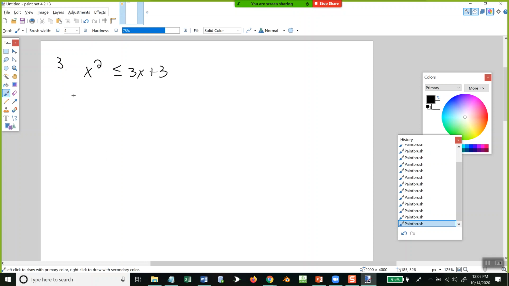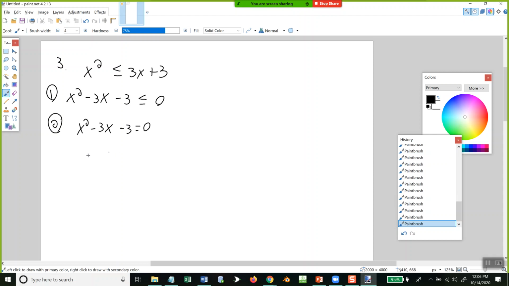Okay, step 1, get everything on the left side. So I'll bring the 3x over, I'll bring the positive 3 over, because you have to get 0 on the right side. The process doesn't work unless you do that. So step 1. Step 2, set it equal to 0. So I got x squared minus 3x minus 3 equals 0.